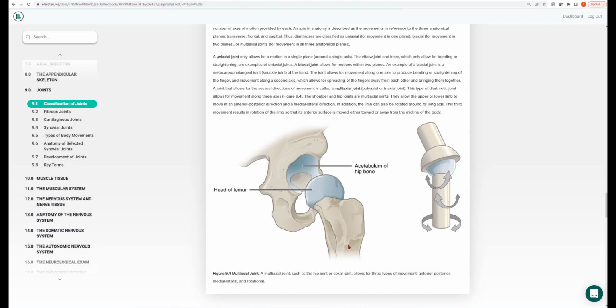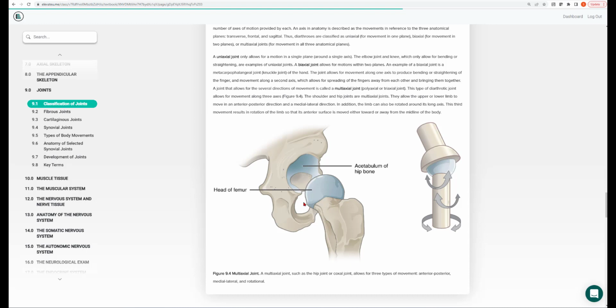Here we see the femur. Here's the head of the femur. Here's the neck of the femur. This big bump is the greater trochanter of the femur. The head of the femur is articulating in this cavity. This is the acetabulum, and this is the articulation between the femur and the hip. We also see here this large opening.